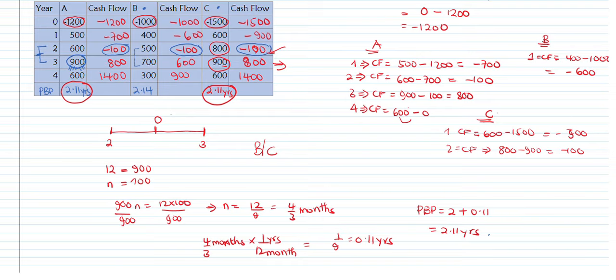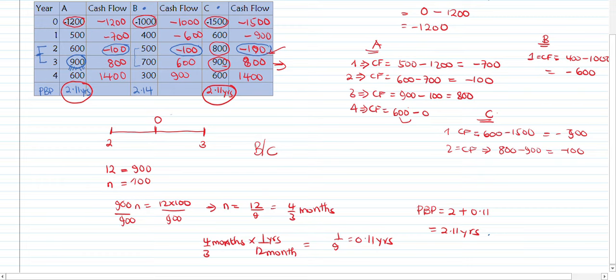But here the question is telling us to find which of these projects is more economical. Because these two are the ones with the lowest payback period, these two are economical as compared to this. So among these two, which one will be more economical?